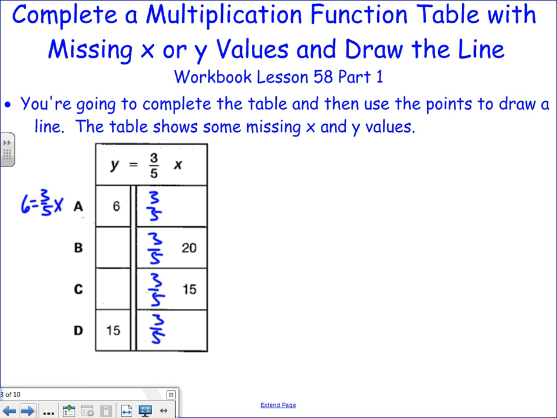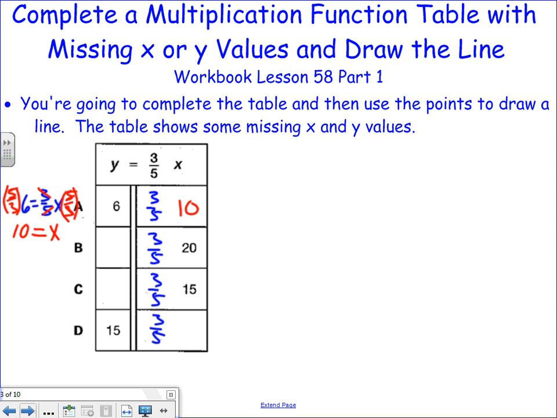So to solve this equation for x, you're either going to divide or you're going to multiply by the reciprocal. In this case, we need to multiply by the reciprocal. When I multiply by the reciprocal here, over here, everything cancels. We're left with x. And if I take 5/3 times 6, that is going to give me 10. So my x value over here will be 10.